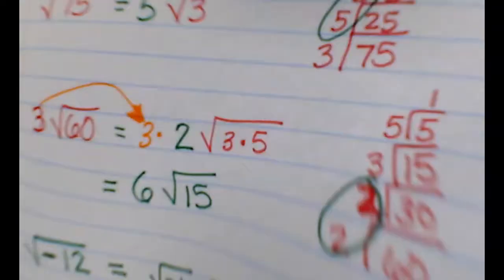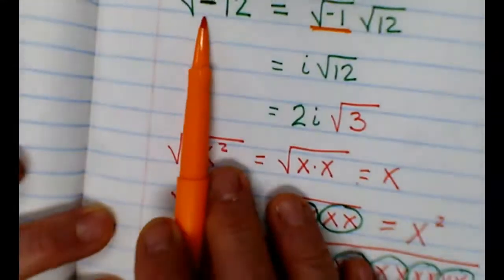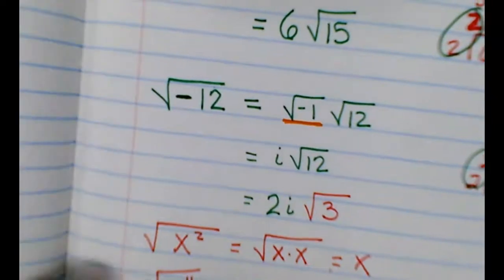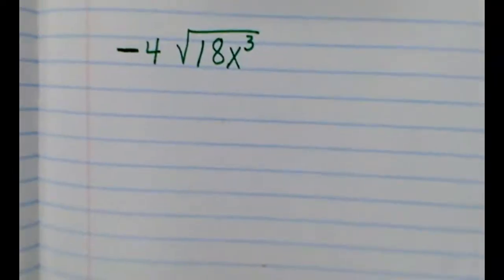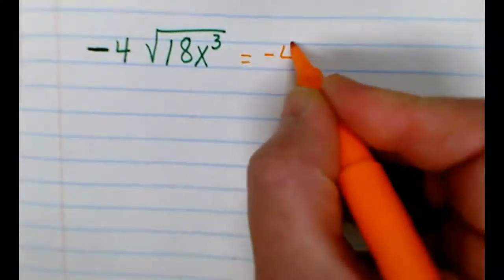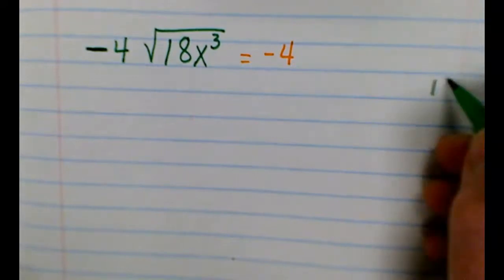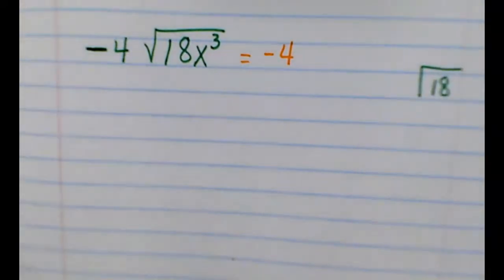No. We have i if the negative is under the radical sign. The 4 is just going to be out in front. The 18 is not a perfect square number, so I need to simplify it.